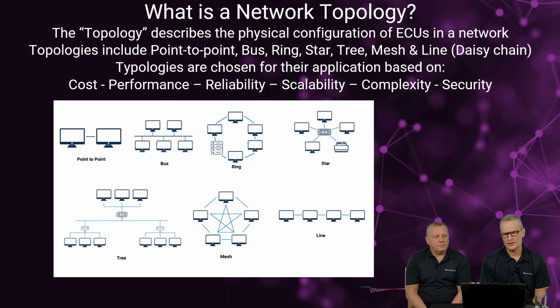There are several types here: point-to-point, bus, ring, star, etc. In my experience, it tends to be bus topology, ring and line, perhaps star as well. Yourself, Andy? Yeah, definitely star. As well as ring and bus.